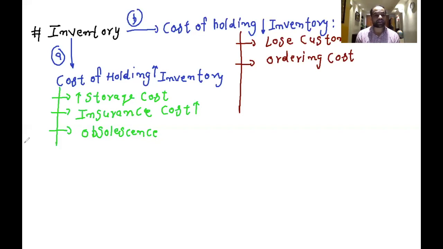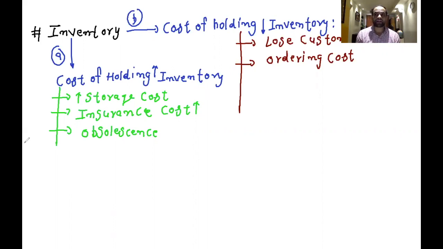Because you may not have enough place to store at home. You don't have a big storage. So you have to go to the supermarket every time. Of course, you are wasting a lot of time. You're wasting your money to pay for gas for your motorbike. As a result, this is called the ordering cost.